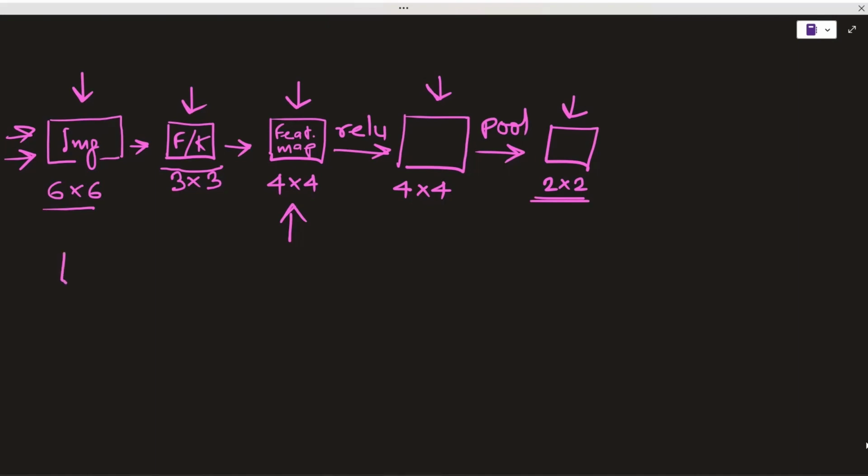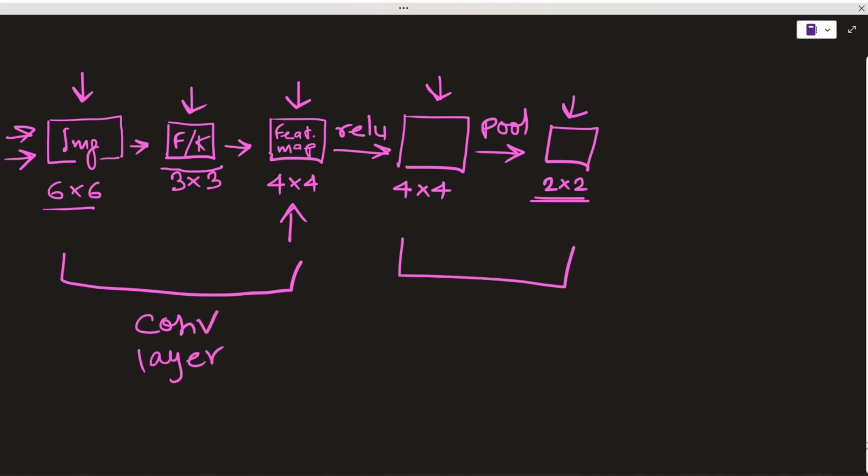So in this architecture we have only one convolutional layer and only one pooling layer. And since this feature map is reduced to a size of 2 by 2, it is basically an image of extremely low resolution that has only 4 pixels. In practice, obviously you will not work with images of this size, but try to understand, I'm keeping this entire thing simple just to give you a better explanation, nothing else.